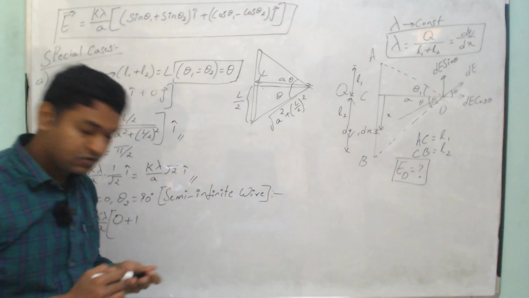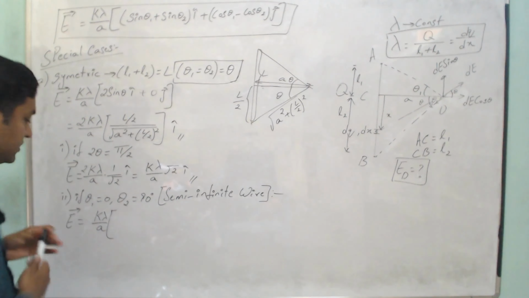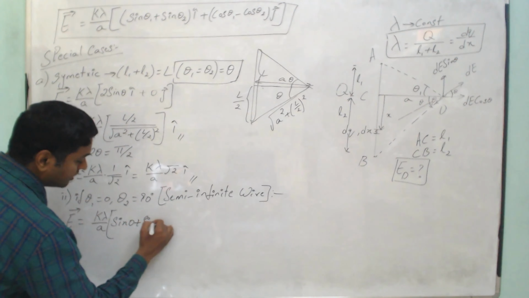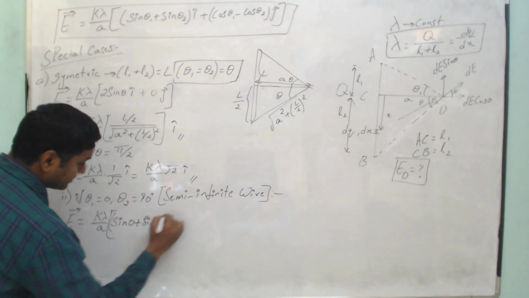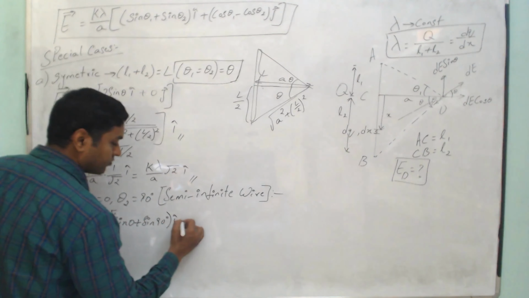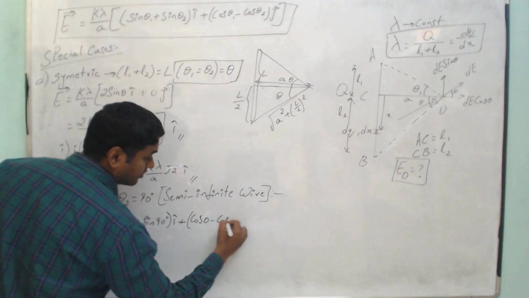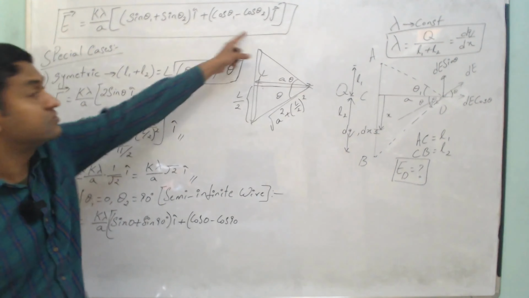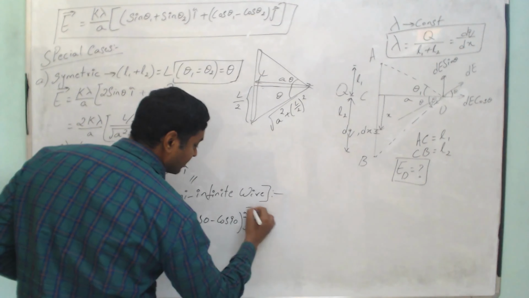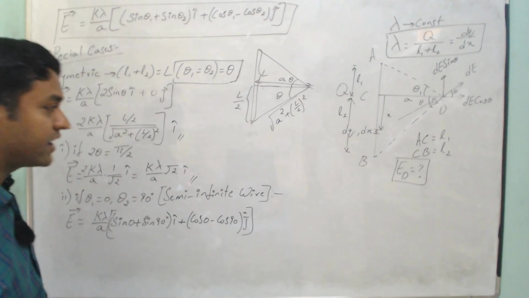Or else I'll substitute: sine 0 plus sine 90, and this entire thing is I cap. Then plus, it will be cos 0 minus cos 90, J cap. It will be I cap plus J cap.